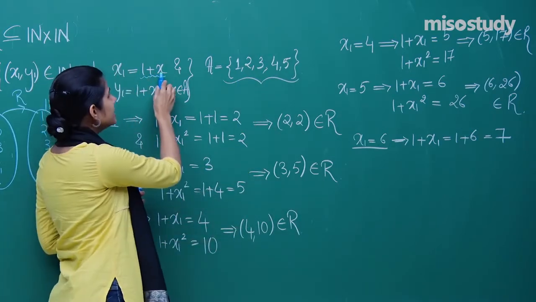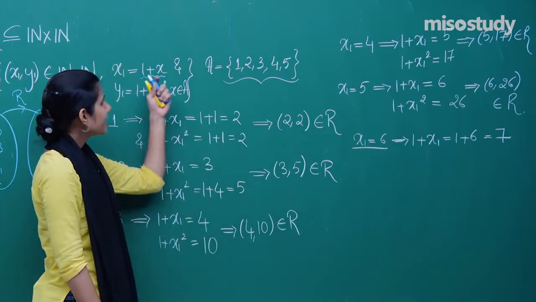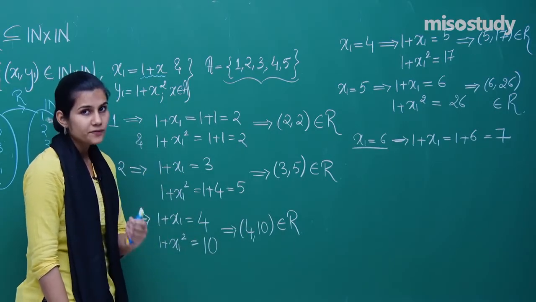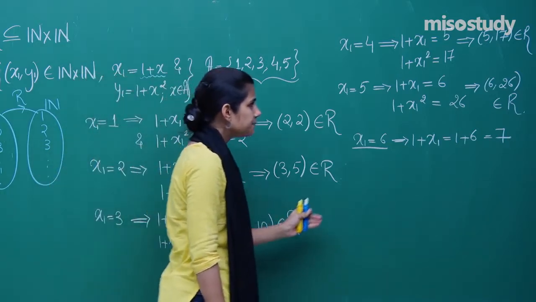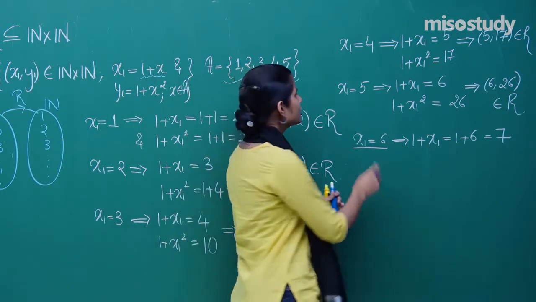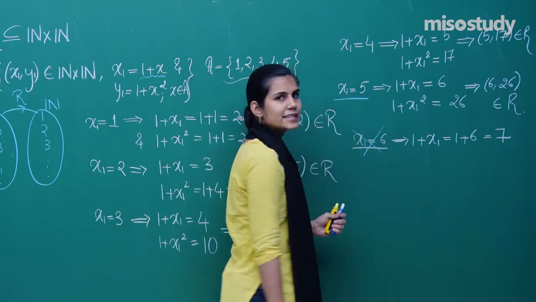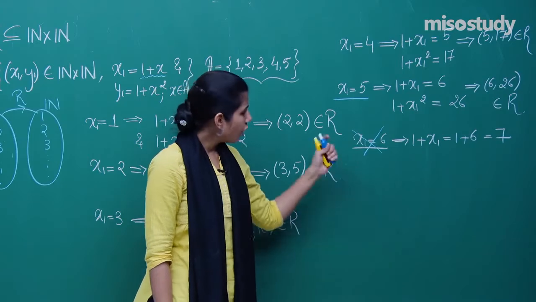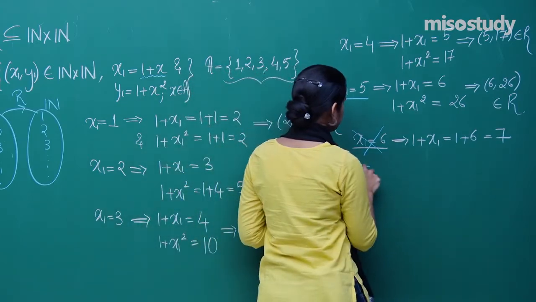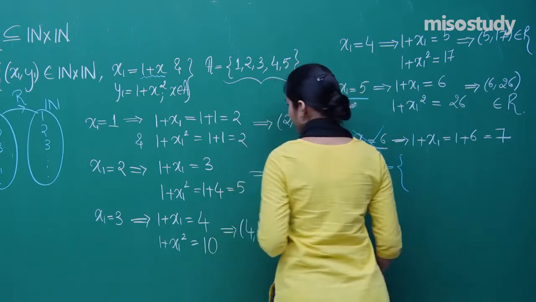That means this x can take only these 5 values. It cannot take 6 or 7 or 8 or anything beyond 5. And that means our process of obtaining ordered pairs sitting inside R stops at x1 equals 5. We cannot go beyond x1 equals 5.